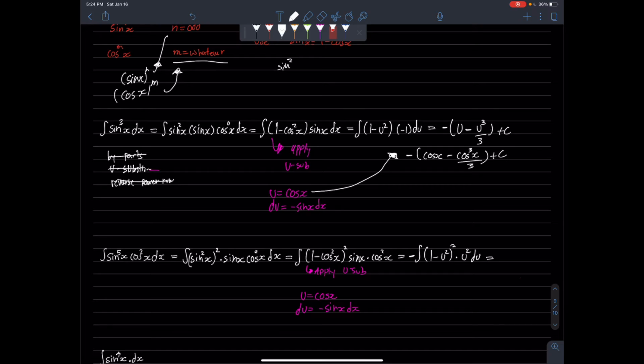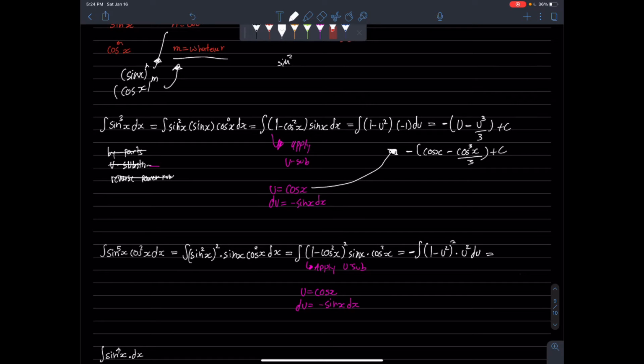Now the question is, do we want to expand it, or should we do it a different way? I would just expand it because I don't see an easier way. So let's use our FOIL method. 1 minus u squared times 1 minus u squared. 1 times 1, minus u squared, negative u squared times 1, negative u squared times negative u squared, plus u to the 4, all times u squared.